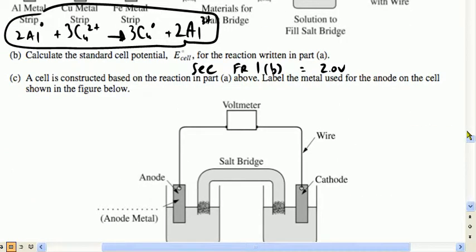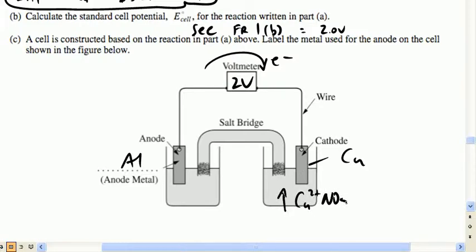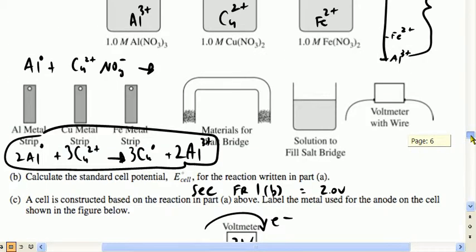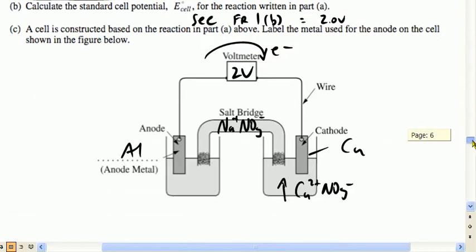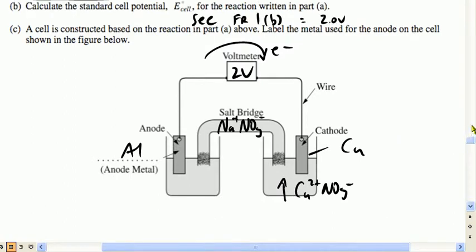In this problem, your instincts are going to be to put the 2 volts, to show the electron flow, to label this aluminum, to label this copper, to put in here the copper 2 plus, NO3 minus, to call this Na plus, NO3 minus. This problem is stupid easy.